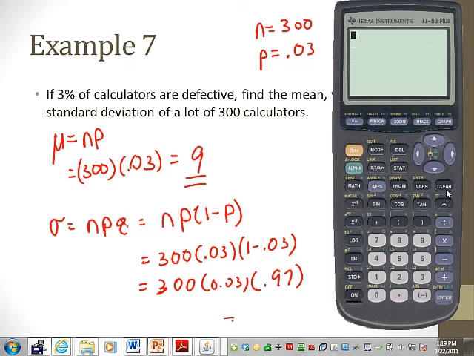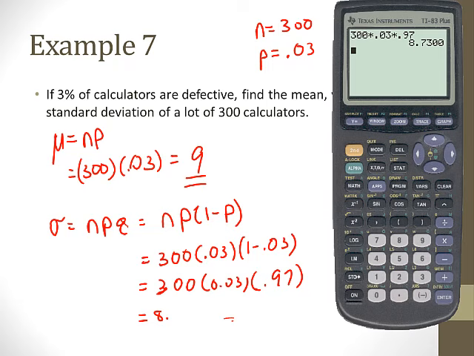So we have 300 times 0.03 times 0.97, and we get 8.73. Actually, I should have a little square there, right? I thought I had it on there, but sometimes the pen does not register.